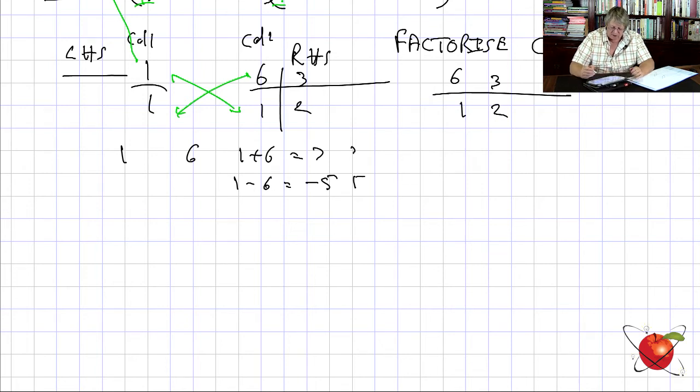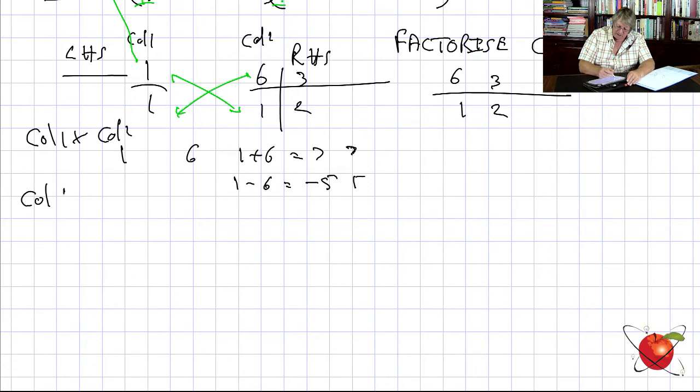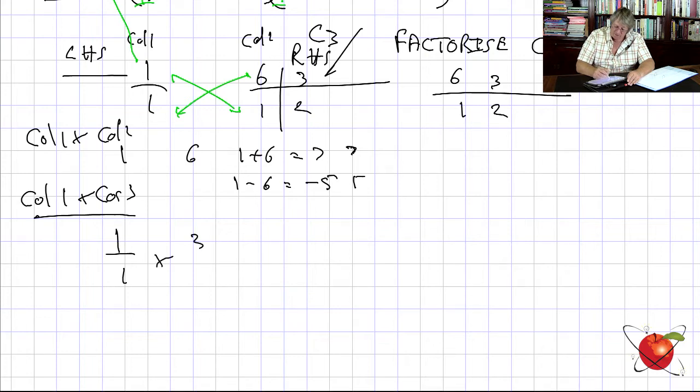So let's have a look. Then let's take column 1 times column 2. Let's have a look at now column 1 times column 3. This is column 3. That's 1 over 1 times 3 over 2.